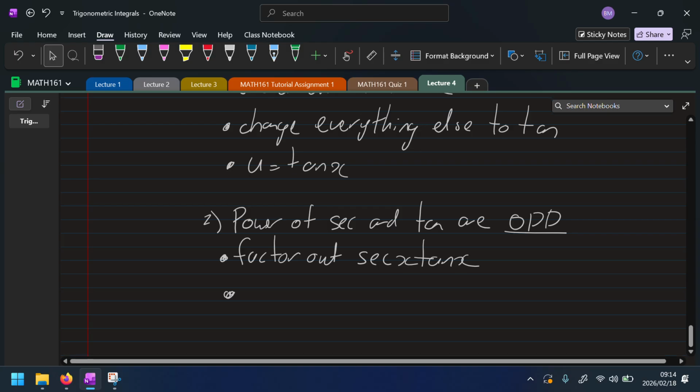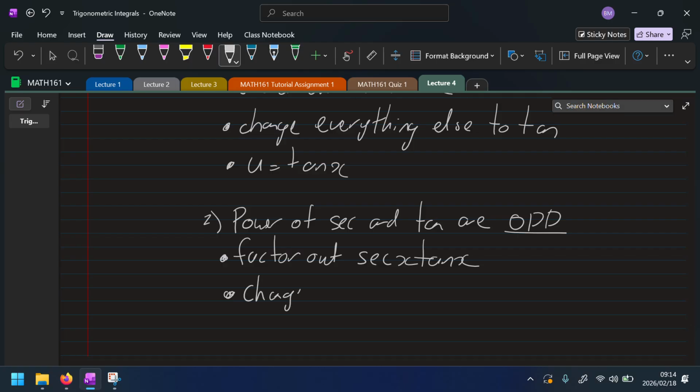Okay, and if we take out sec x tan x, we need to change everything else to sec. Okay, and if everything else is sec, we let u be sec. So very easy. Okay, and then if u is sec x, then du is sec x tan x, which we factored out in the first step.